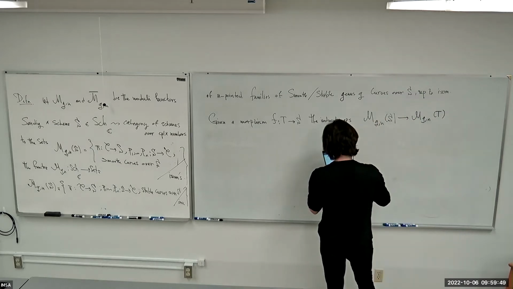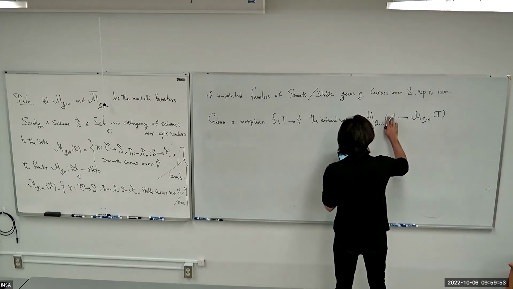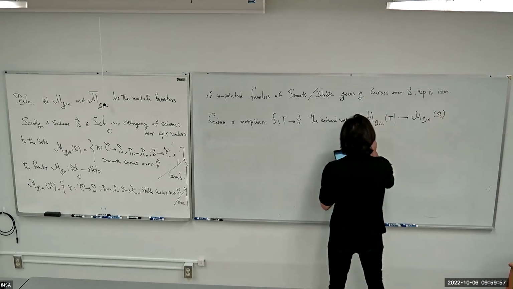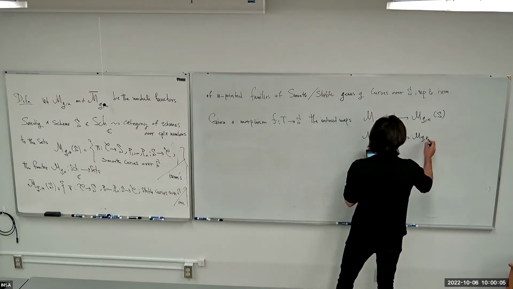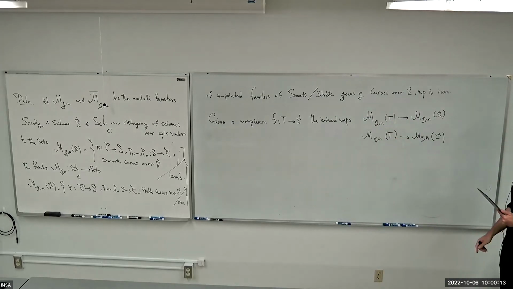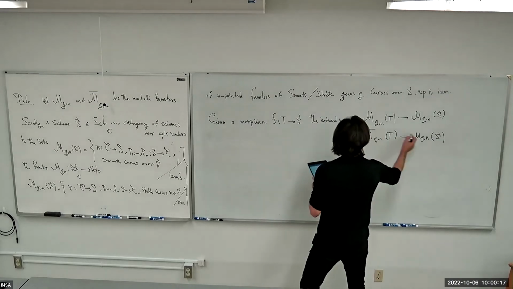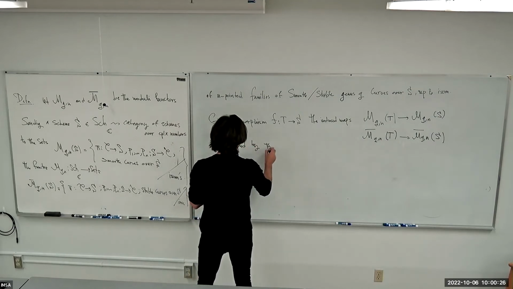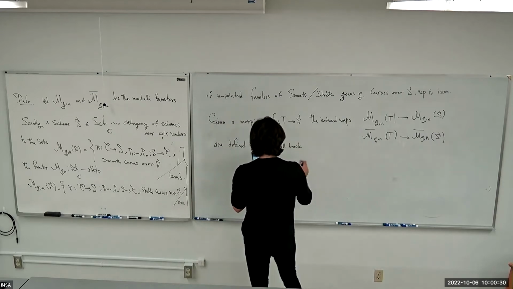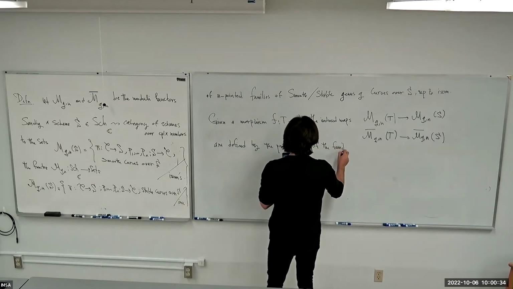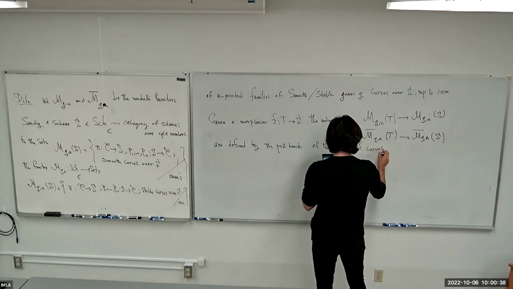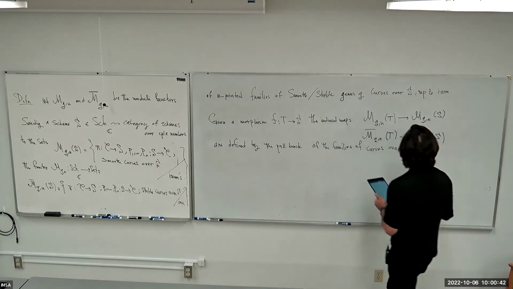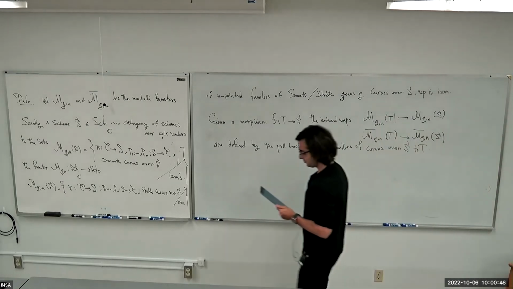So this is what it is. The maps are defined by the pullback of the families of curves over S to T. That's what the moduli functor does on fibers.